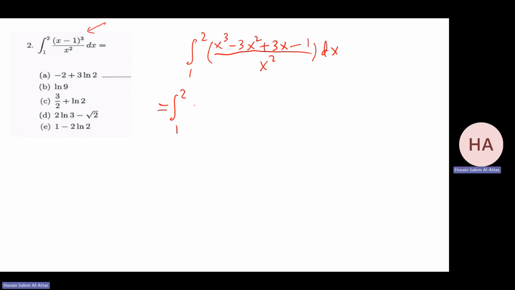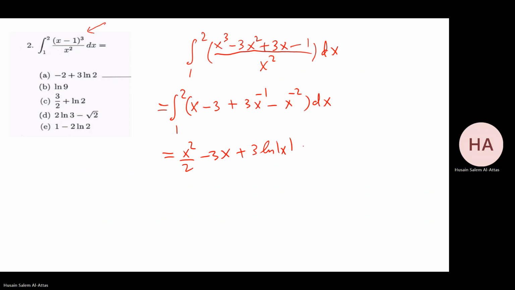That will be 1 to 2, x minus 3 plus 3x minus 1 minus x minus 2 dx. That will be x squared over 2 minus 3x plus 3 absolute value of x. I add 1. That will be plus 1 over x. Okay. X to the power minus 1, which is 1 over x. So you get this from 1 to 2.